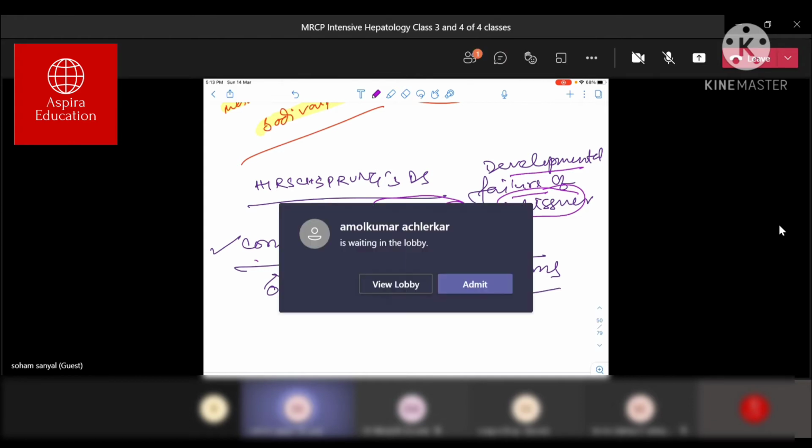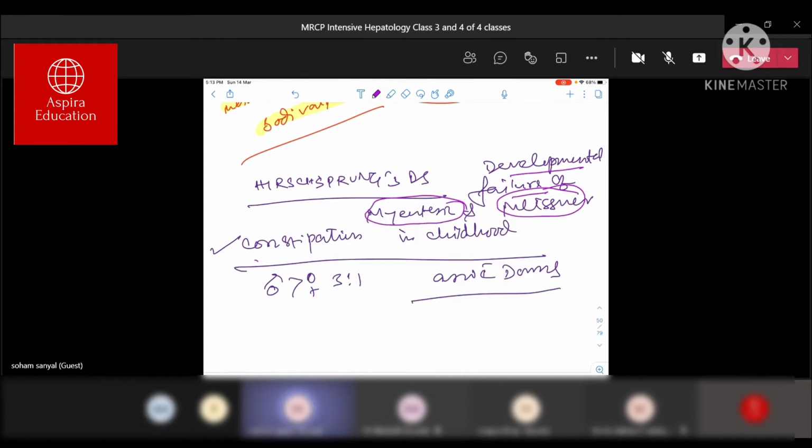Their importance in MRCP Part 1 will be, at most, just one statement. Another exam point of view about Hirschsprung disease is that it is associated with Down syndrome. So occasionally it is again a statement. Apart from that, not too much is required to know about this.